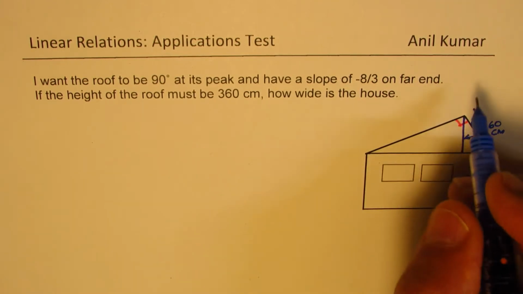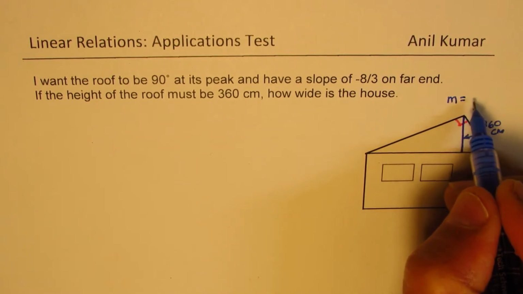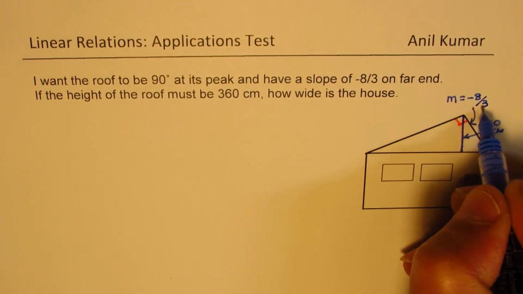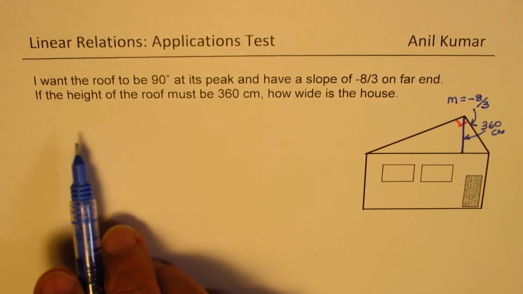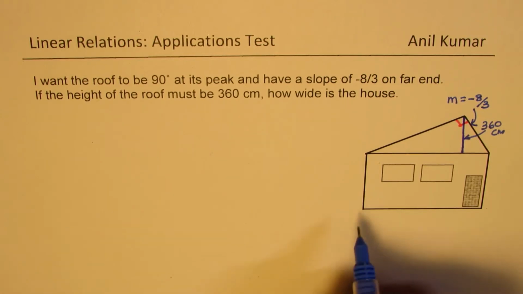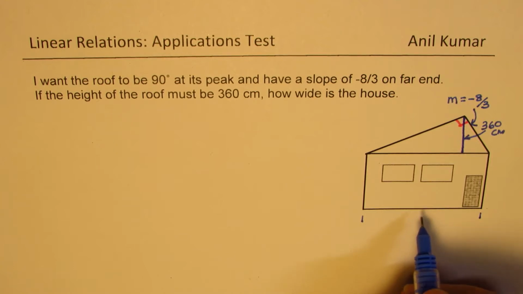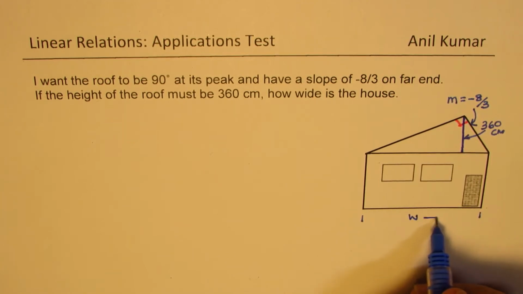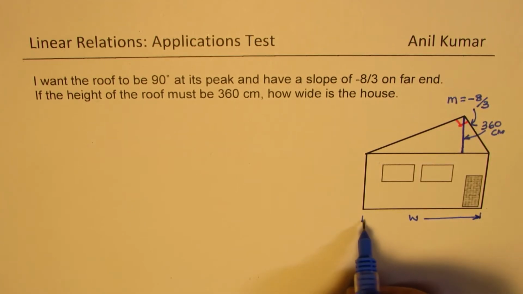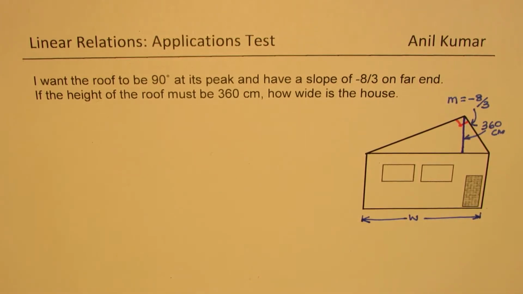This slope, we can write m equals minus 8 over 3. How wide is the house? We want to find this width. So let this be W. So I hope now the question is absolutely clear. You can pause the video and answer the question.